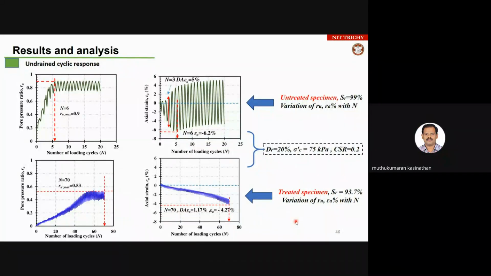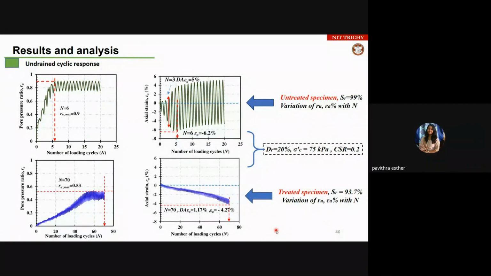So as of now, the method we have developed has not been implemented in the field. That is our next stage: we want to implement it in the field and look at the feasibility study in all aspects. But we have done a model level study. In the laboratory, we introduced everything. What you are looking at is based only on the cyclic triaxial apparatus outcome.